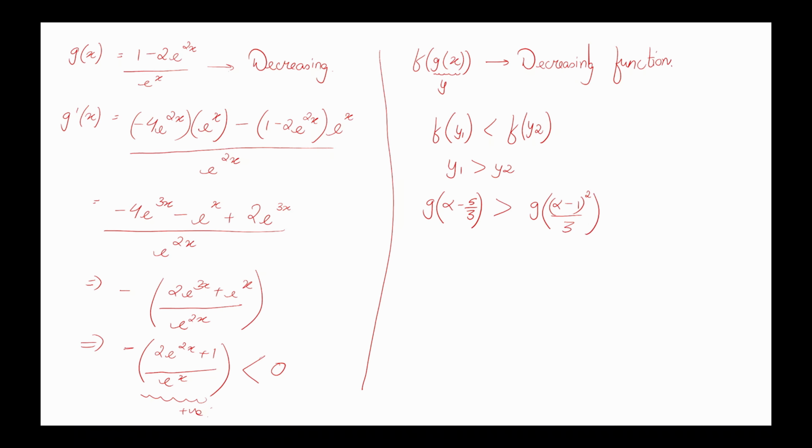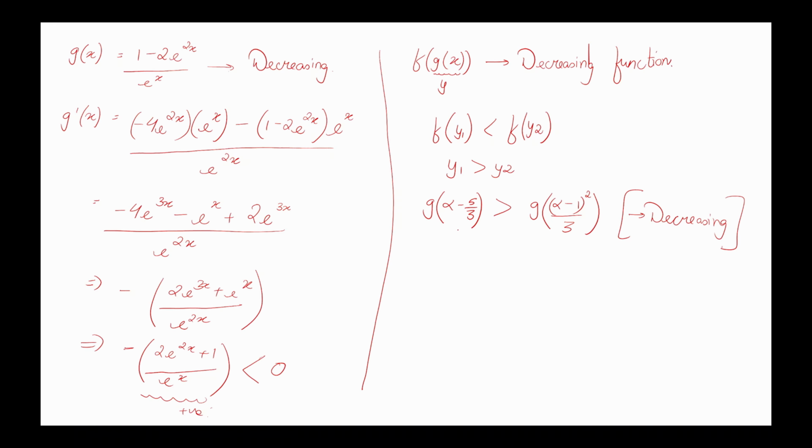Now we know that our g is also a decreasing function. So if this is my x1, this is my x2, and if g of x1 is greater than g of x2, that means my x2 is greater than x1, right?